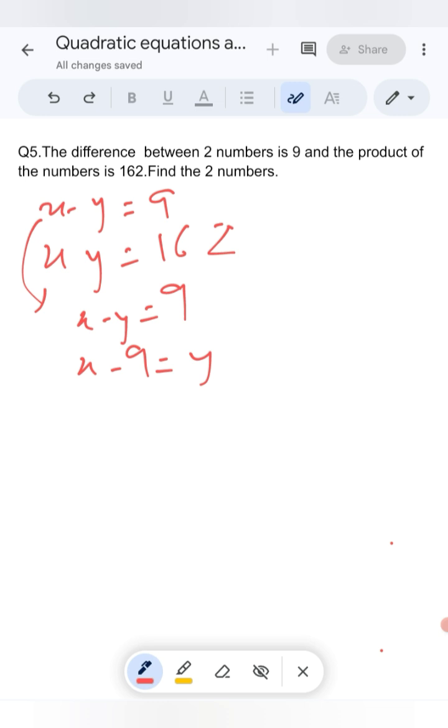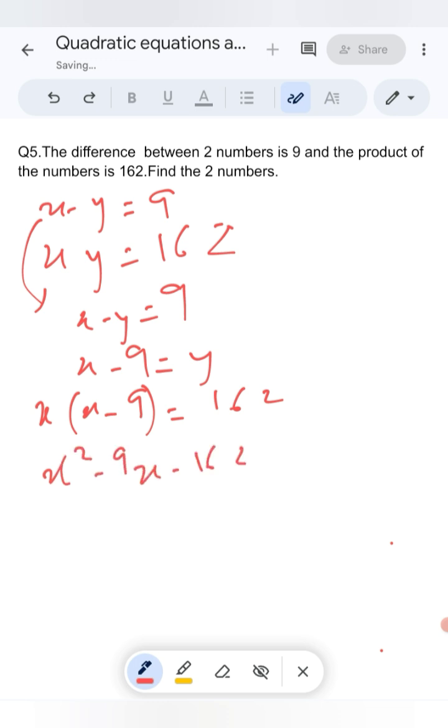Now in the place of your y you are substituting x minus 9, so the equation becomes x into x minus 9 is equal to 162. Now x square minus 9x minus 162 is equal to 0.